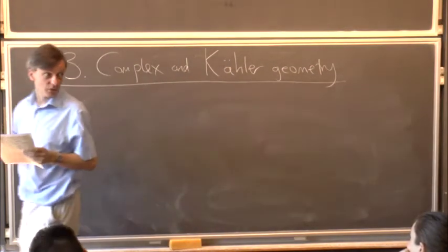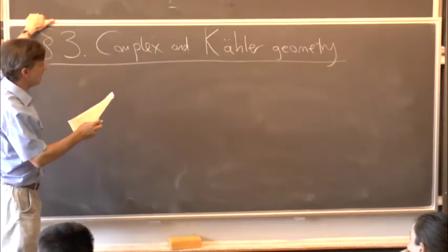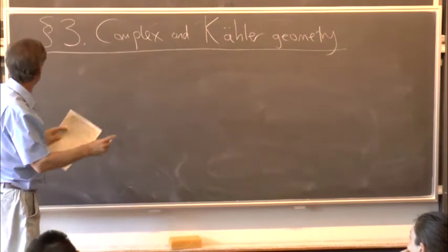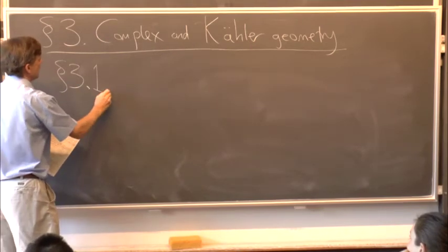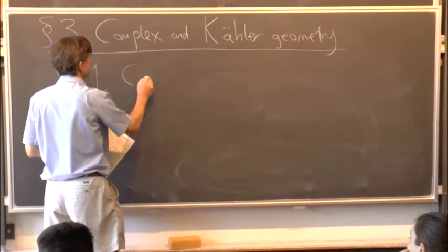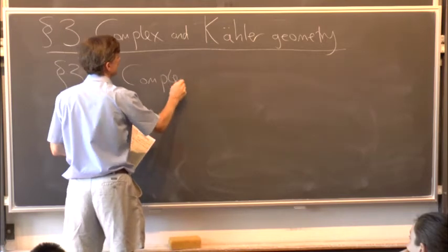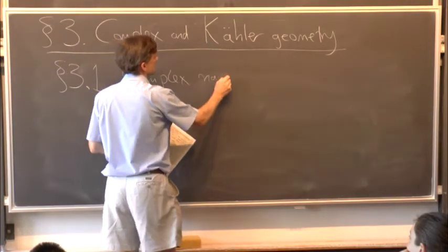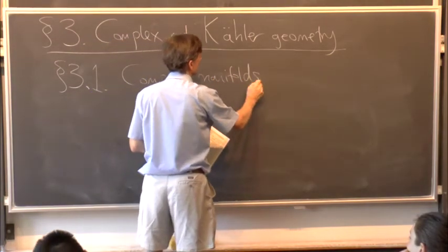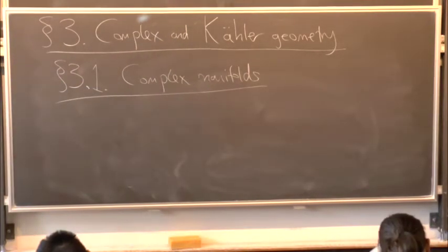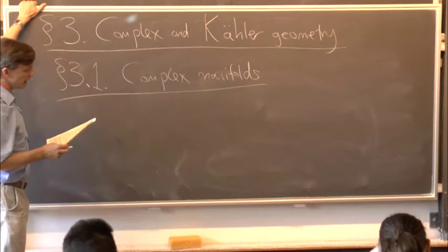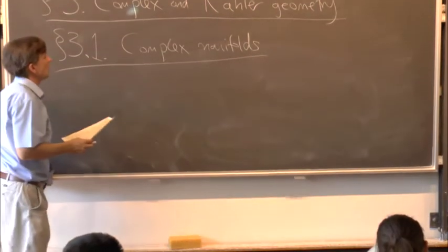I'm going to spend quite a long time explaining complex geometry and Kähler geometry, because I think it's a good thing for you to know. So we'll start off by talking about complex manifolds, and later on we'll put the metrics on them as well, and those will be Kähler.